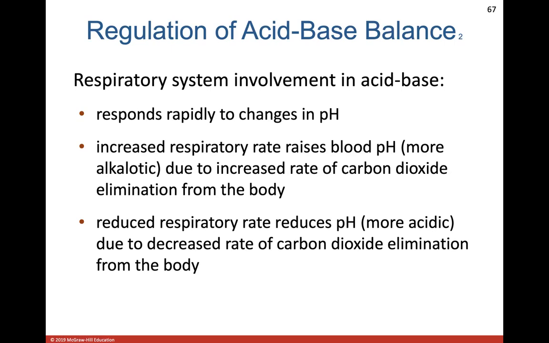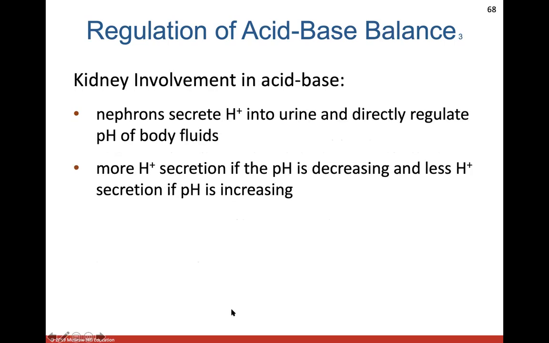And if you get rid of carbon dioxide too quickly, the pH level of the blood becomes more basic. If you have a reduced respiratory rate, so you're breathing very shallowly, this will reduce the pH of the blood, making it more acidic. That's due to the decreased rate of CO2 being eliminated. Carbon dioxide builds up in your blood, and that creates a more acidic blood.